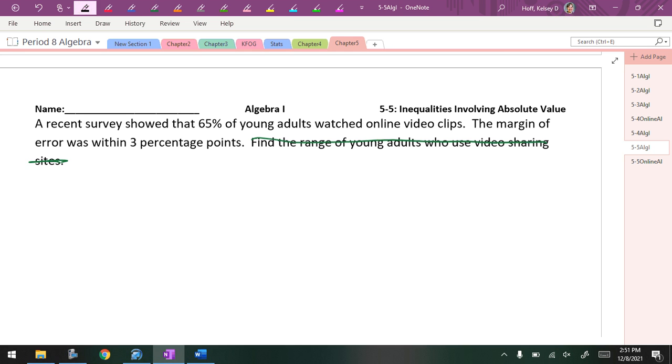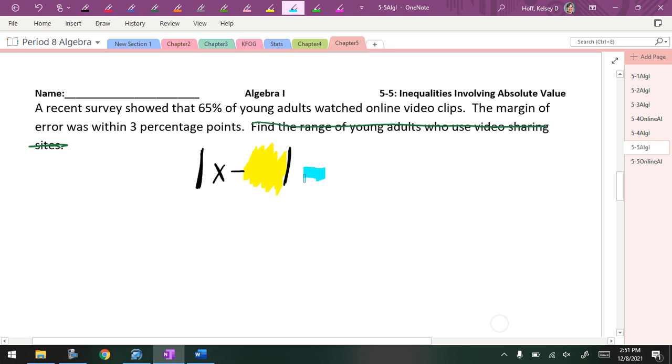Every single time that you have to write the absolute value inequality, you have absolute value bars, x minus, and you'll have to fill this number in. Then you got to put a symbol in here, and you'll fill in this number as well. So this is going to be a number. This is going to be a number. This is a symbol.